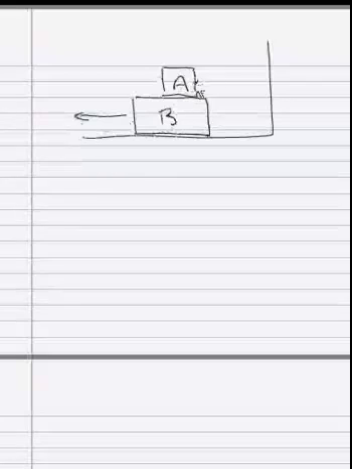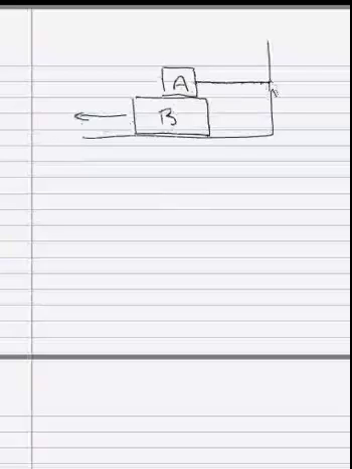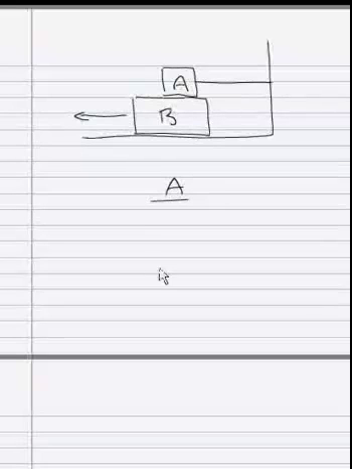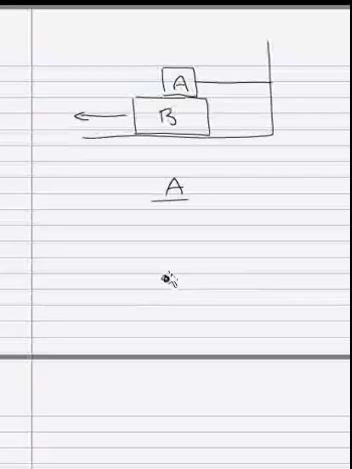Now the problem gets a little more interesting. We have block B being pulled and block A is tied to the wall. So let's draw our free body diagrams for blocks A and B. What's touching block A? Well, there's a tension in the rope, and there's a surface.